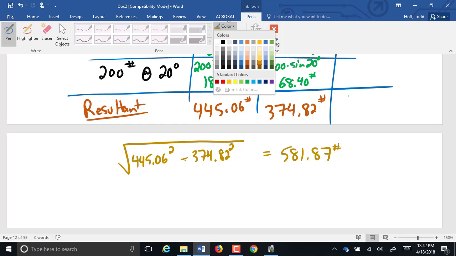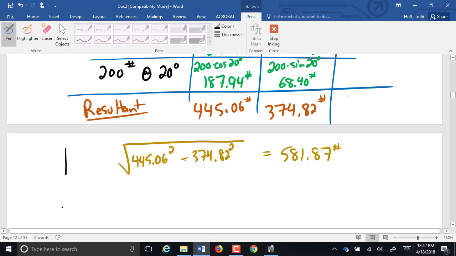581.87 pounds. Now the angle, I usually draw out the picture. The x component is 445.06. Y component 374.82.